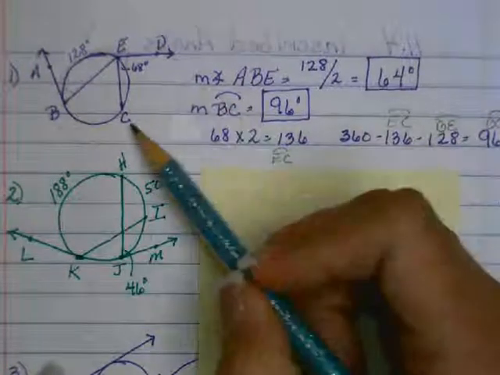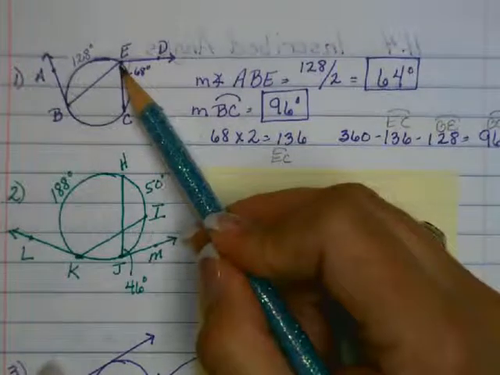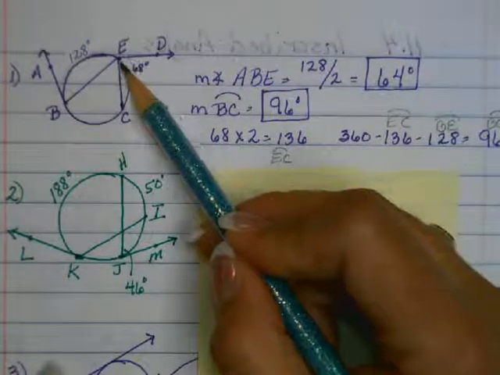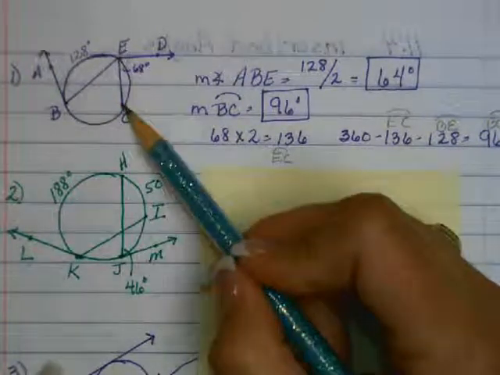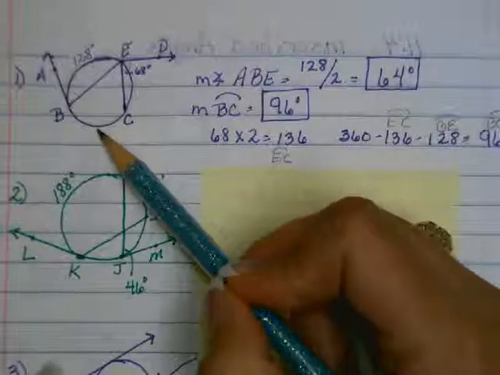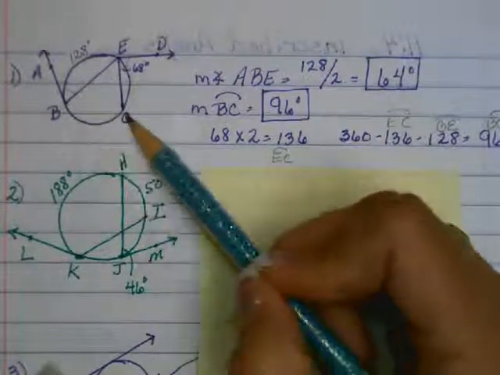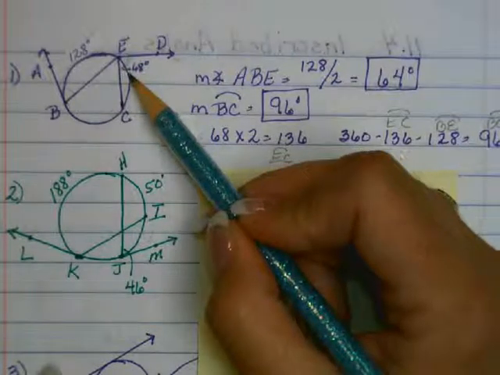Now I'm looking for arc BC. Well, I have an angle here, but it's not with a tangent, and I don't even know what the angle is yet. So I could figure out this arc. I've already got this arc. So if I added those and subtracted from 360, I could get this arc. So let's see. This angle is 68. If I multiply by 2, I get this arc.